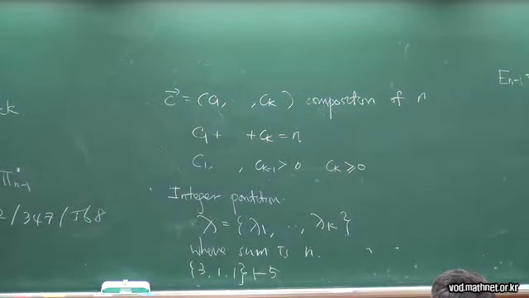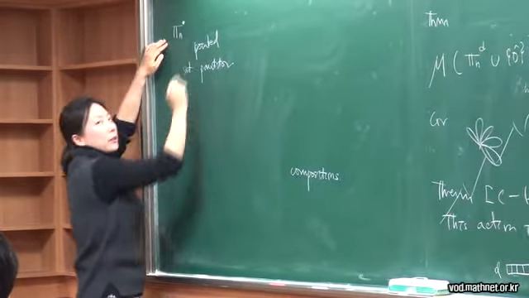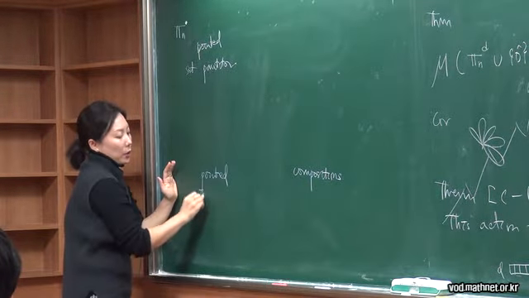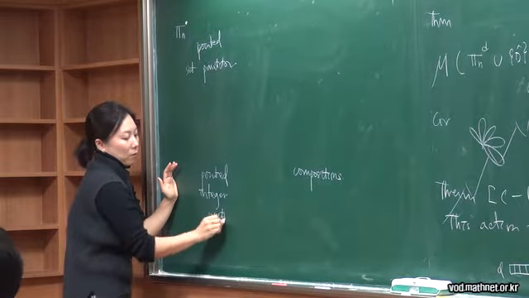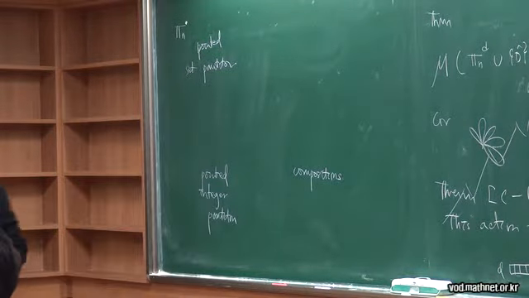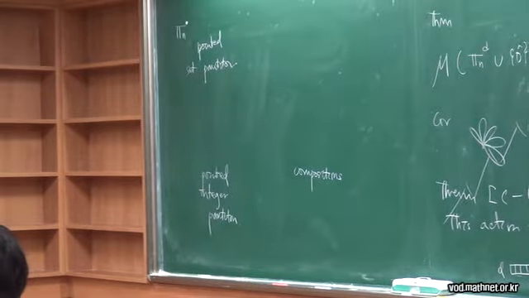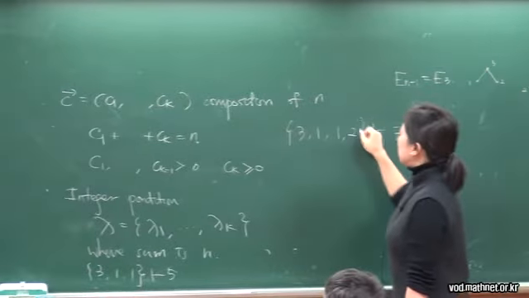But here we don't have just set partitions. We have pointed set partitions. So I want here the pointed integer partition. For 7, you may write 3, 1, 1, 2.